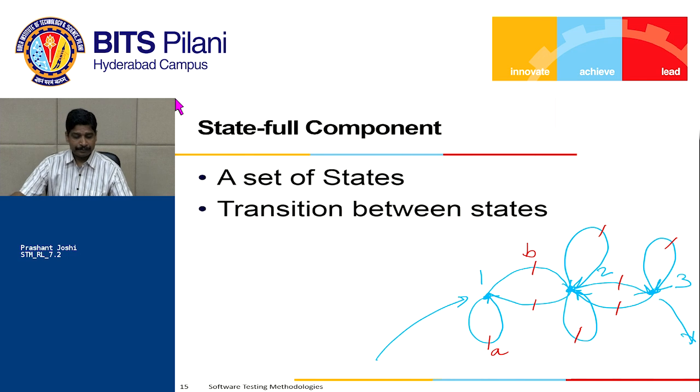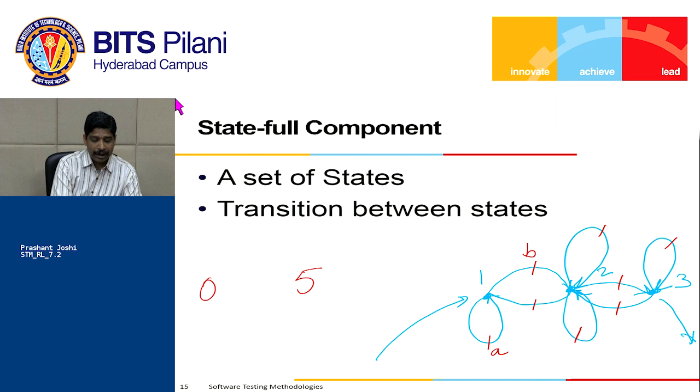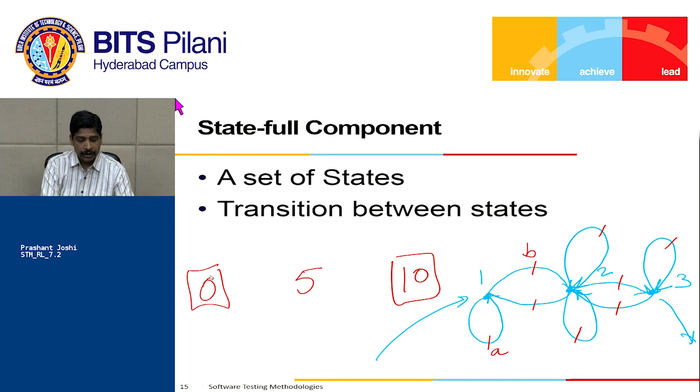So if the number of elements is 5 and the total number of elements that it can take is 10, and the minimum number that it can have is 0, of course. If I am at 5, then a push and pop operation is still going to keep it partially full. But if I am at 9, the push and pop operations are going to behave very differently. The moment I push, I'm going to get into stack full, so a state transition will happen.